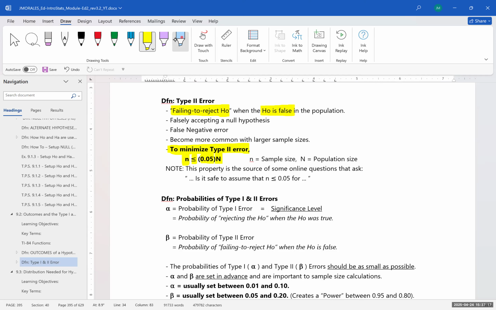So when you guys are doing your homework, this property is the source of some of the online questions that ask, is it safe to assume that the sample size is less than or equal to 0.05 for something? So what they're kind of asking for is the sample size of 100, is 100 about 5% of the total population? That's what they're asking there.